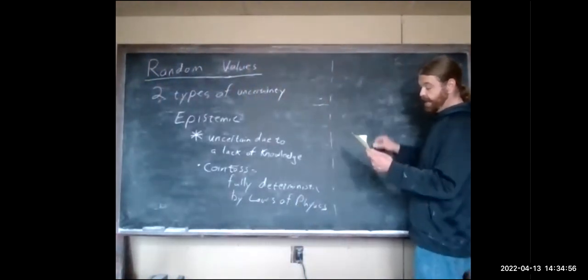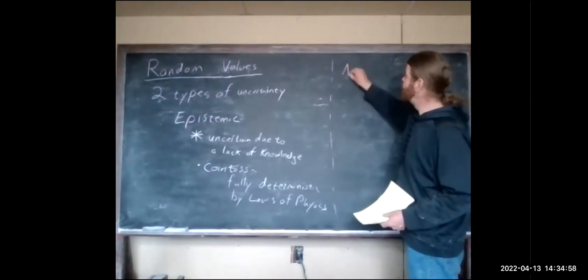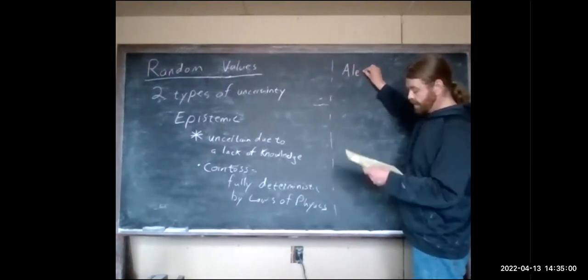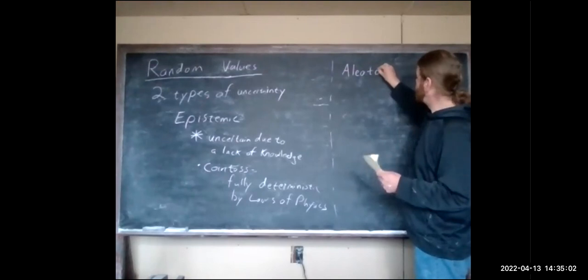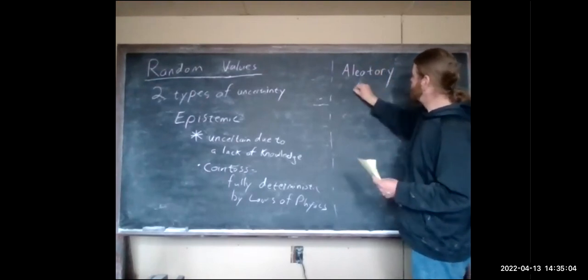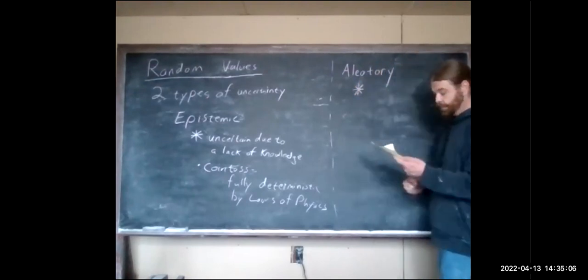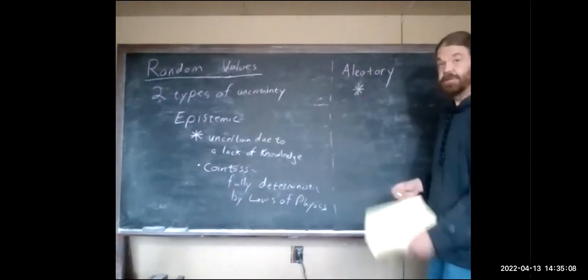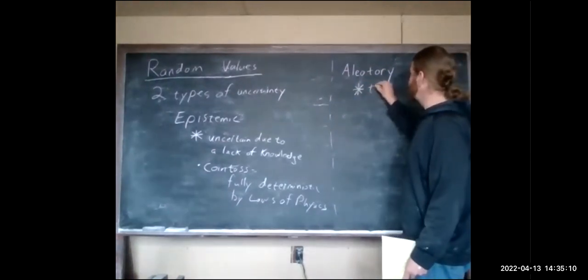The other type is aleatory. This is true uncertainty.